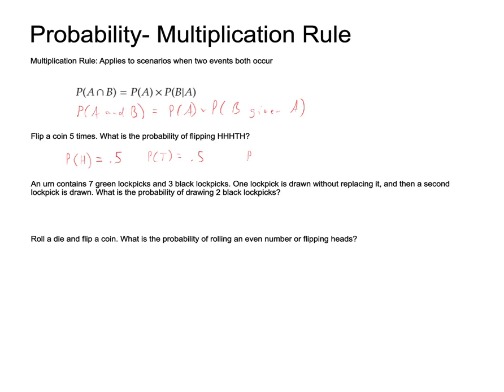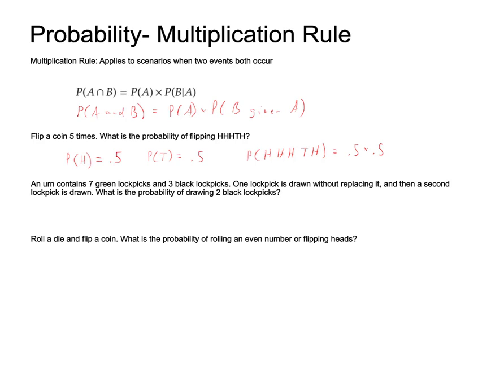So the probability of heads, heads, heads, tails, heads is equal to 0.5 for that first heads. And then given that we get a heads the first time, the probability of getting a heads a second time is 0.5.